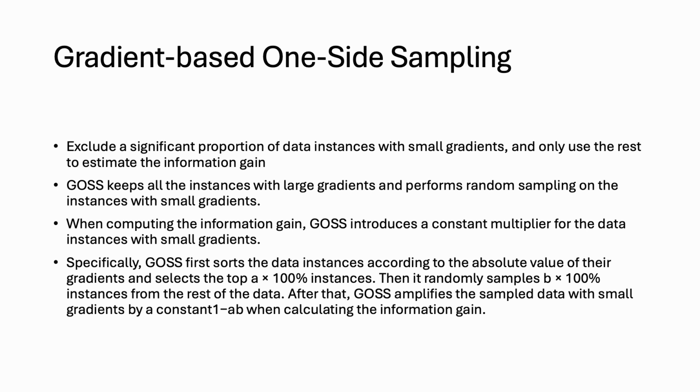After that, it will amplify the sampled data with small gradients by a constant (1 minus a) over b when calculating the information gain. By doing that, we put more focus on the under-trained instances with large gradients without changing the original distribution by much.